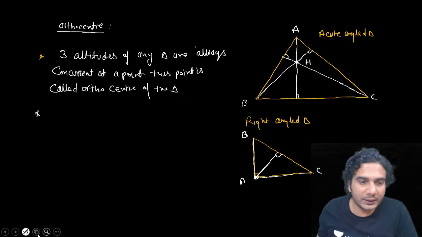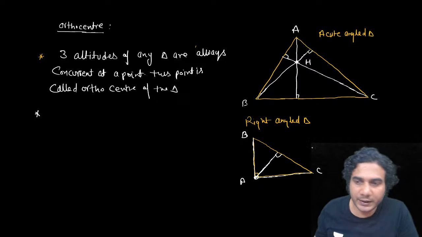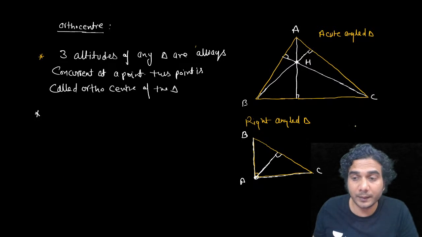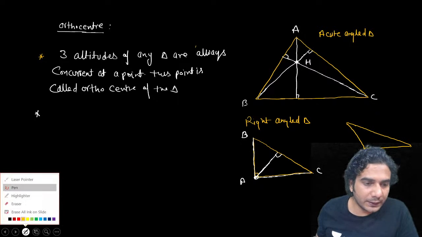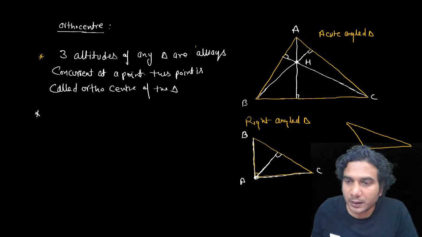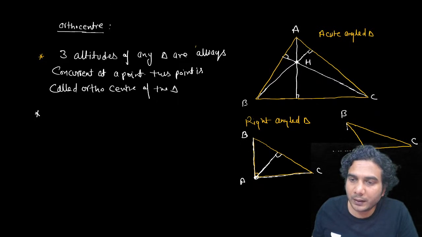Now let me draw the third diagram. When it is an obtuse angle triangle, how would it look? Let me tell you that. If it is an obtuse angle triangle like this, with A, C and B, you extend the side AC and drop a perpendicular from B upon AC.